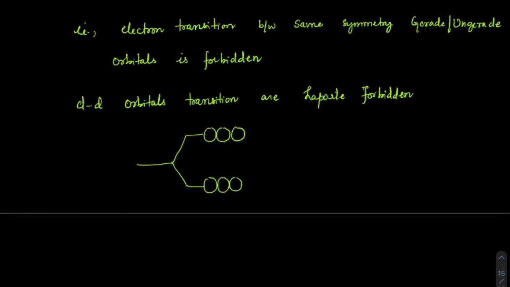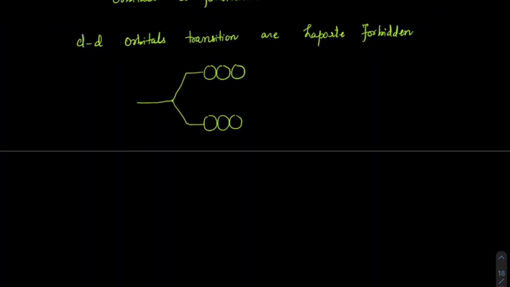Now suppose there is an electron present in the T2g orbital. Then this electron may migrate to the eg orbital. This is Laporte forbidden, although it is still happening even though it does not follow Laporte's rule.